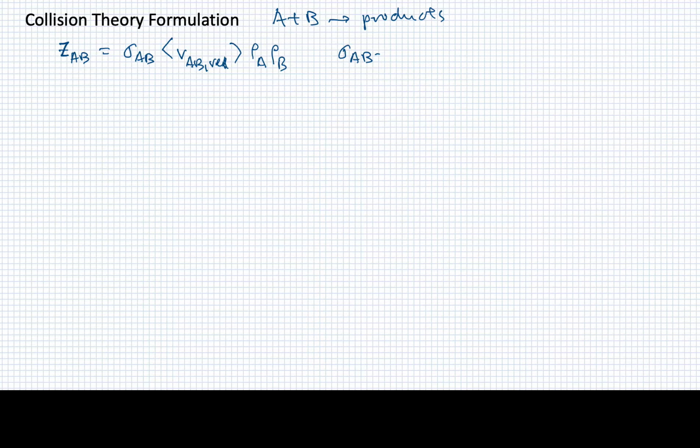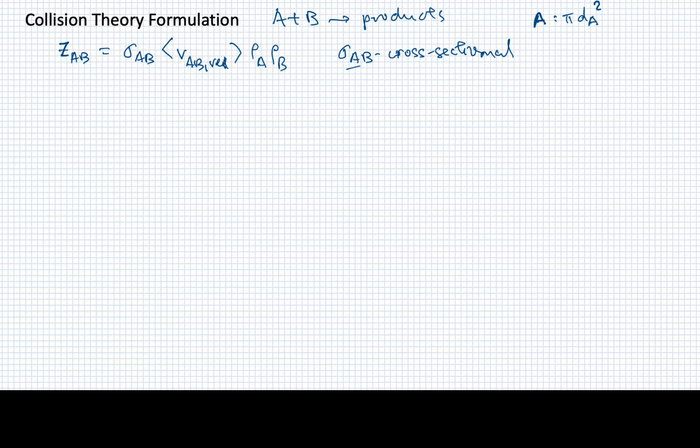Okay, as I mentioned, this sigma AB is a cross-sectional area. And if you'll recall, when we were talking about the collision frequency and mean free path and time between collisions and things like that, we would model these particles, for example, as spheres, and then for each of these, for example for A, I might have a cross-sectional area that would be pi times the diameter of A squared. So it's like the area of the circle that would be cutting through that sphere.